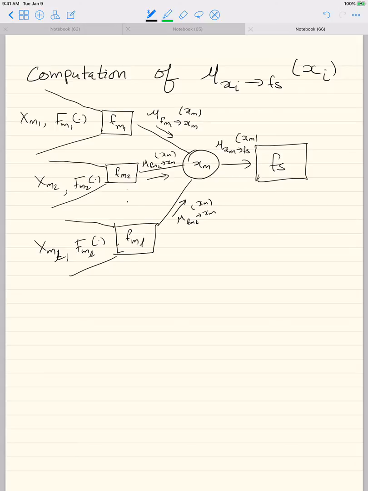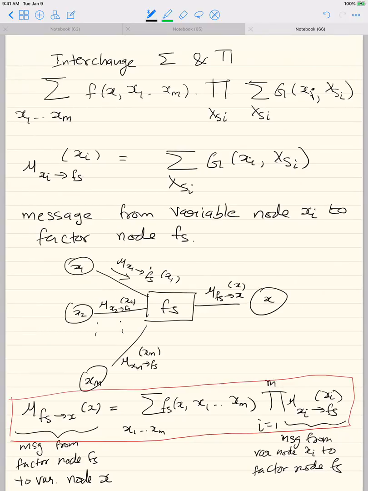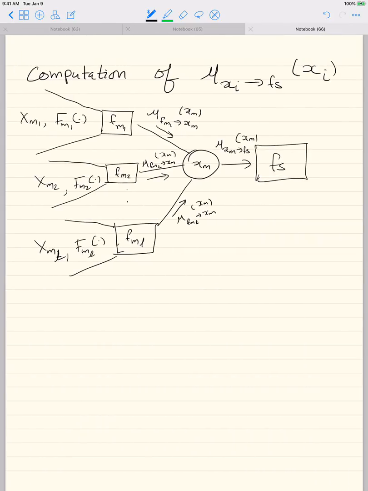Now clearly the g function we had in this formula, this is the product of factors in the downstream variables with xm as the root.